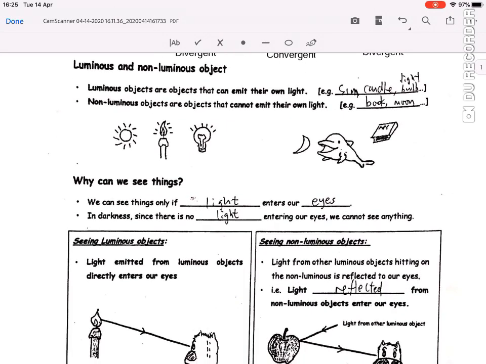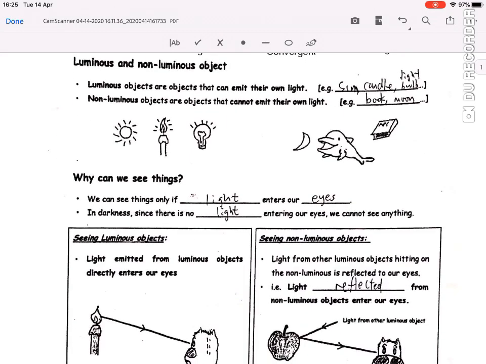Now let's carry on looking at luminous and non-luminous objects. Luminous objects can emit their own light so that you can see them. Some examples are the sun, the candle, and the light bulb. I assume you know how to spell light bulb: L-I-G-H-T B-U-L-B.